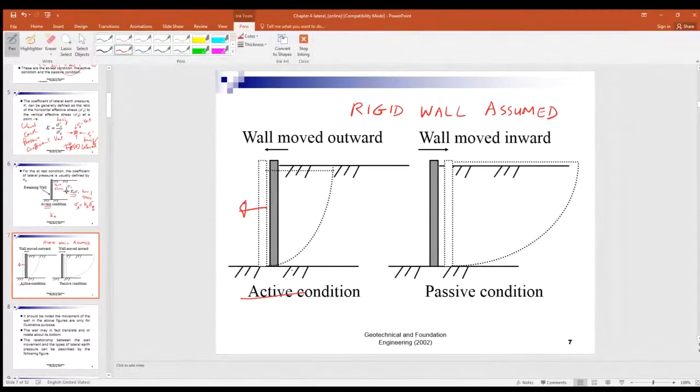And if it is moving inwards, that is passive, 被动. If the wall moves inwards, it gives you the passive condition. If it moves out, it gives you an active state.